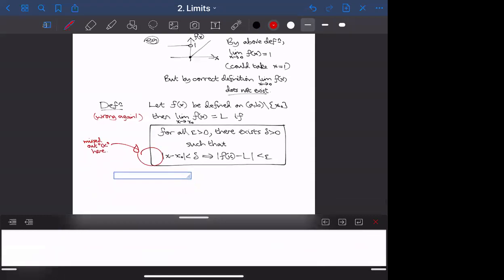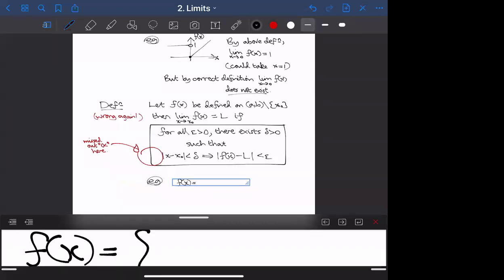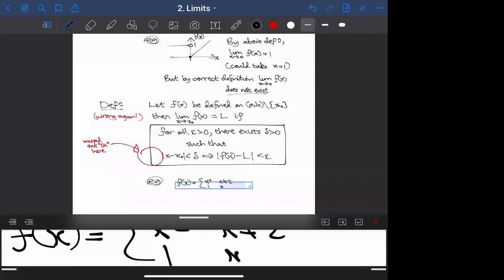Okay. So if we take that definition, what do we get? If I take f(x) equals x squared for all x not equal to 2, but I let it be a different number, say 1 at 2.